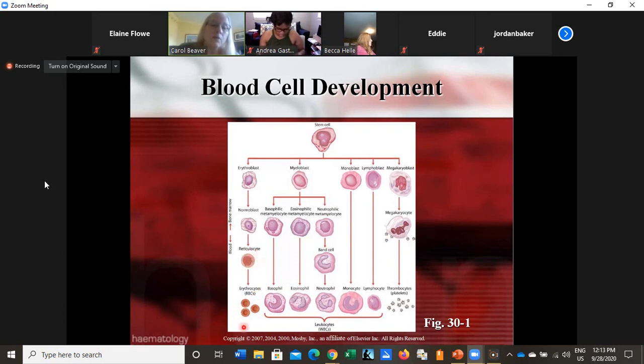And so the erythrocytes actually don't have a nucleus, and they lose their nucleus because they've got to carry all that hemoglobin and stuff.